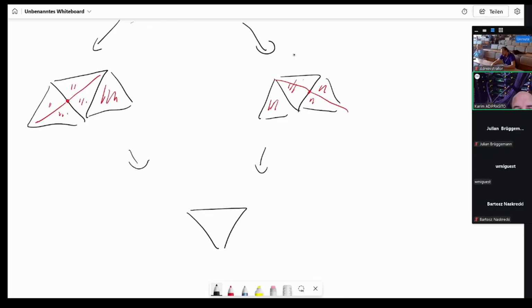I have this here, I have this here, I have the diagonal, and I have the diagonal, and you see that this is not even a simplicial complex. This is not a stellar subdivision.